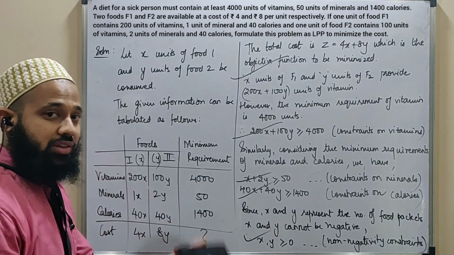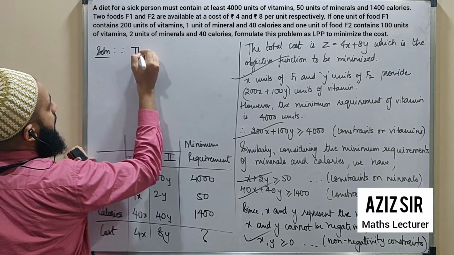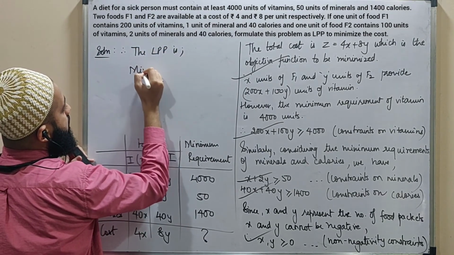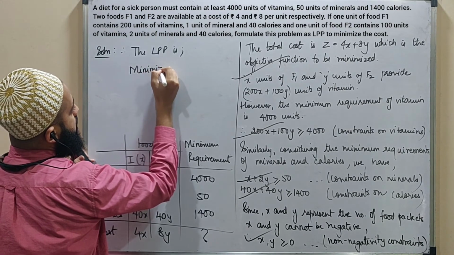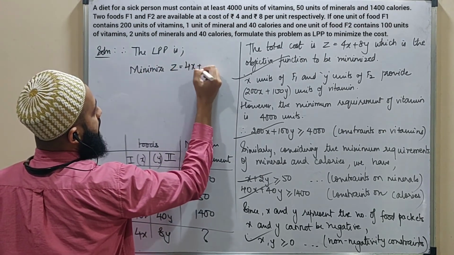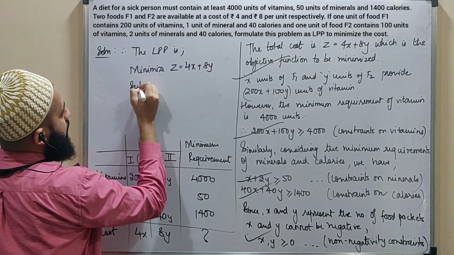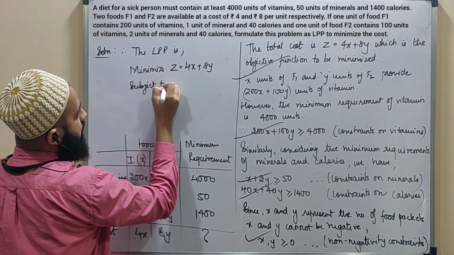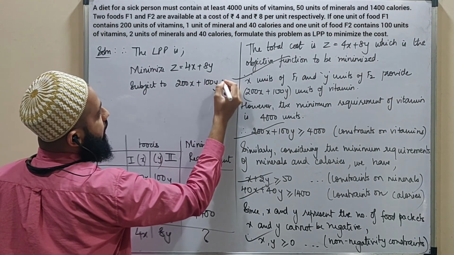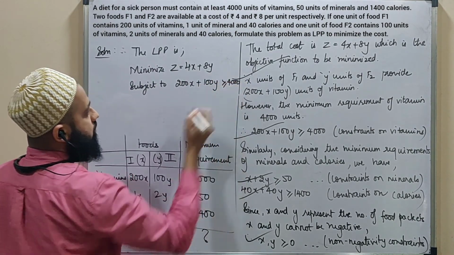Therefore, time to express the LPP. Therefore, the LPP is minimize Z is equal to 4x plus 8y subject to 200x plus 100y greater than equal to 4000.